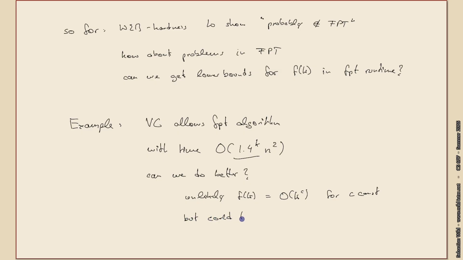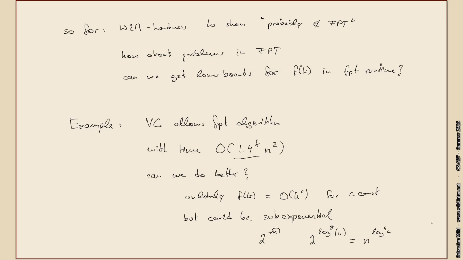I mean, there's things like 2 to the square root n, which is smaller than any constant to the n, but is also not polynomial. Or there's quasi-polynomial, where you have 2 to the log to some power of n. Say 2 to the log to the 5 n, which is essentially the same as n to the log 4 n.